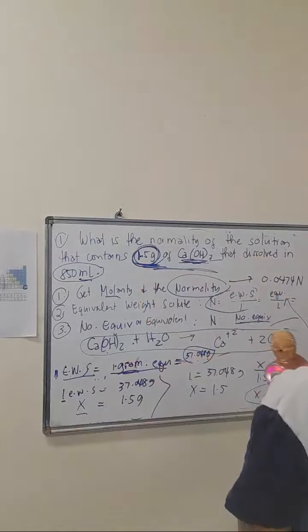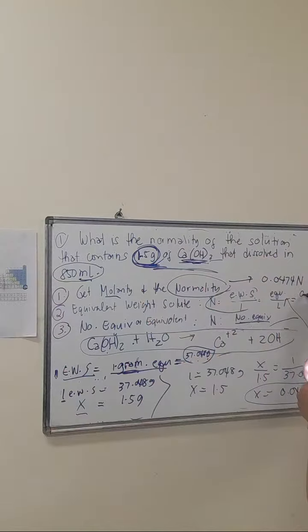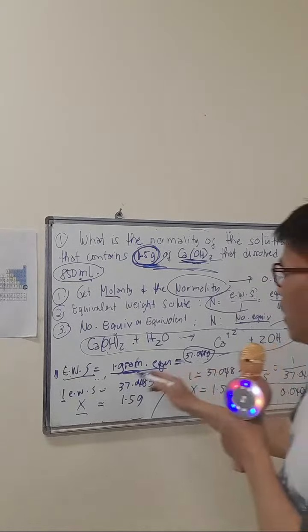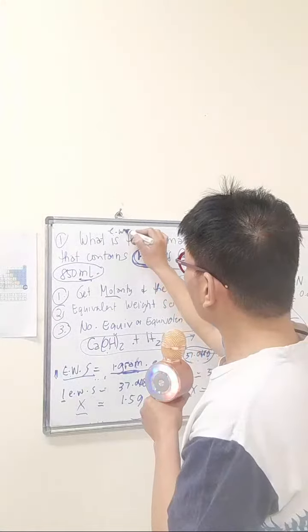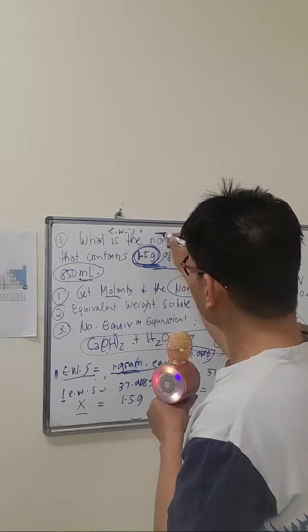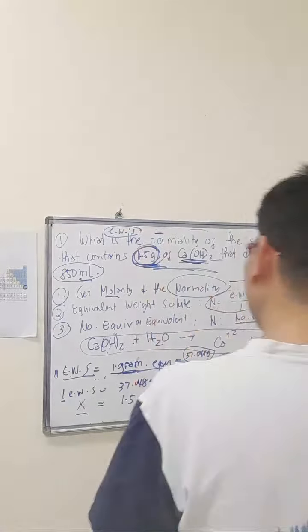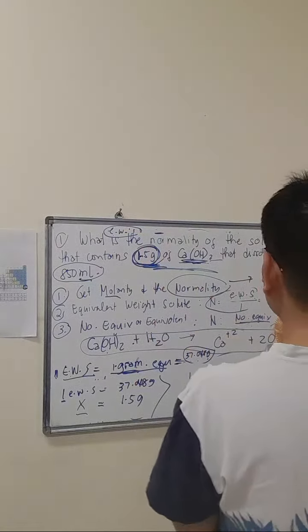Now, 0.040 gram equivalent or equivalent weight of solute. It's no longer equivalent; it's equal. Since equivalent weight of solute is equal to grams, you no longer need the unit in the normality.